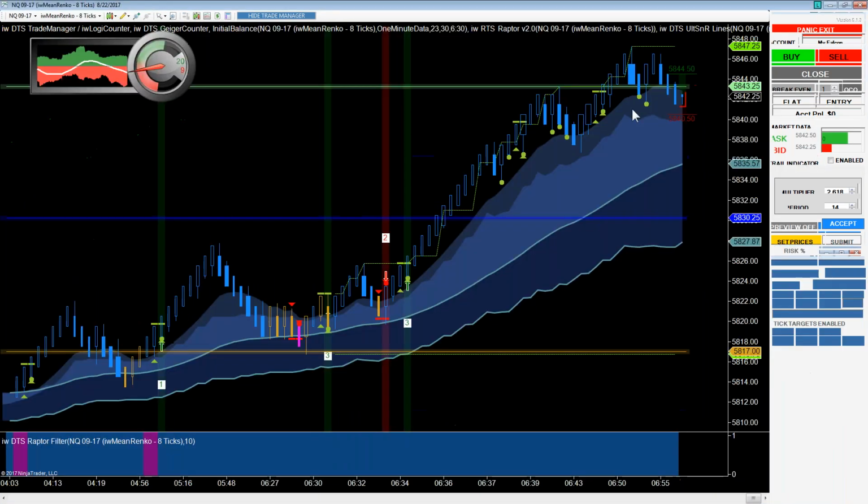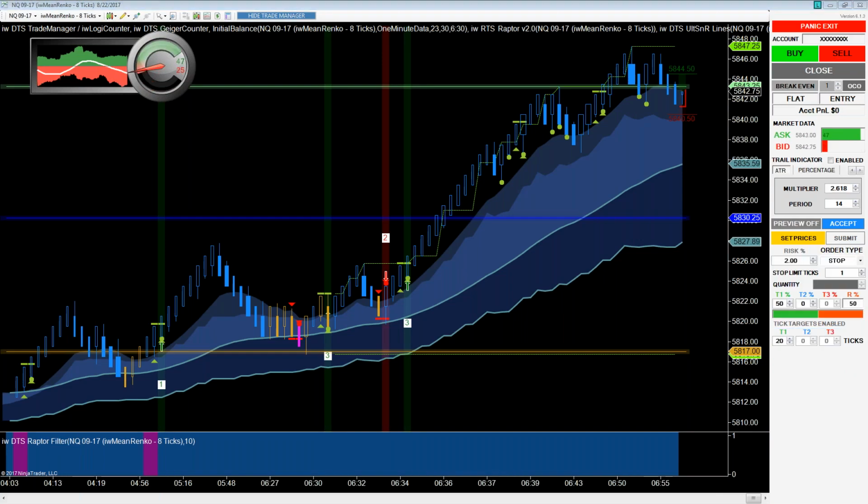So I'll keep a lookout here on the Raptor, because that's going to be one of the first tools to give us a counter trend signal. Having a tiny test of the extreme. Remember, before you have a counter trend signal, two components you need to have.